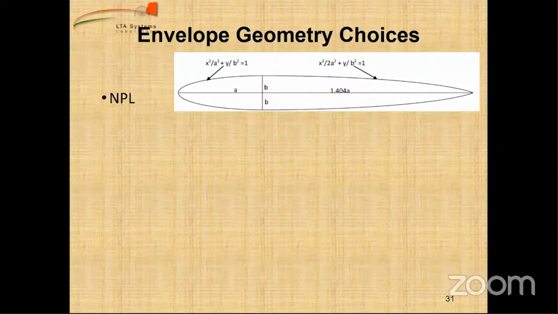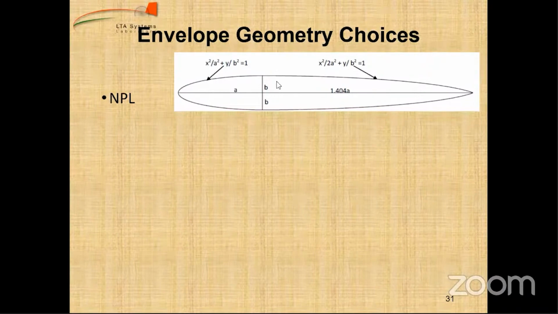As I have mentioned, for the envelope shape we will choose the actual airship shape, which is the ellipsoid one. But among ellipsoids, there are also several shapes available to us, of which the first is the NPL shape. It is available from the National Physics Laboratory from the UK. It is nothing but a combination of two ellipsoids.